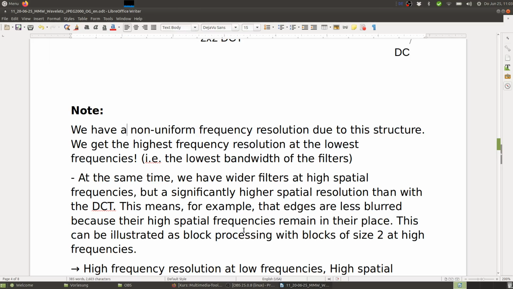This can be illustrated as block processing with blocks of size 2 at high frequencies, or like the 2x2 DCT. So this is a block of size 2x2 pixels.